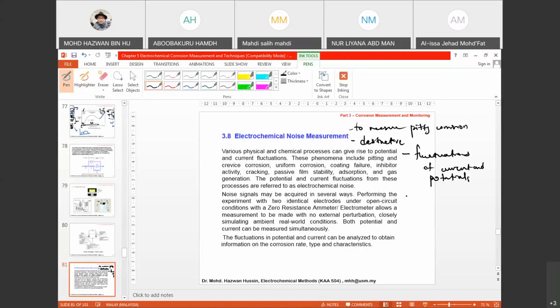This method is also a transient method. What does transient mean? Transient means a measurement over time. The data is recorded over time.